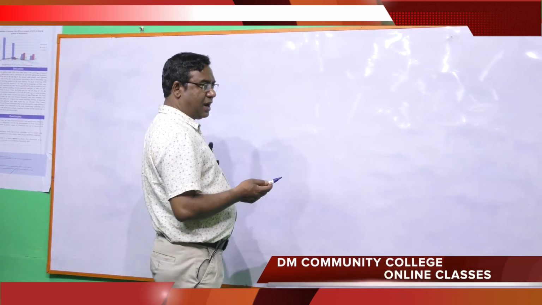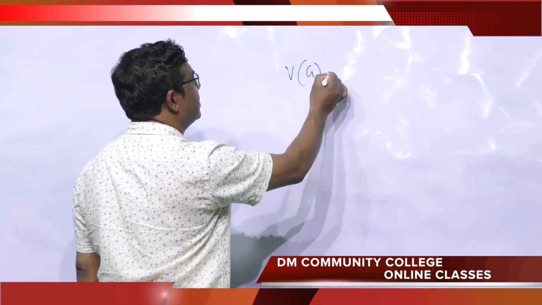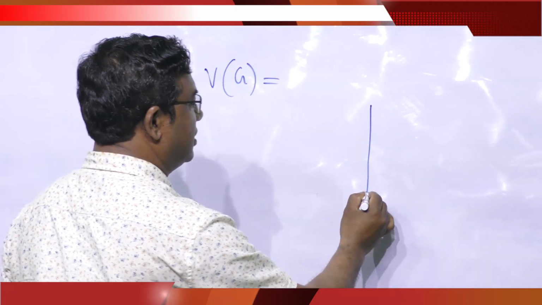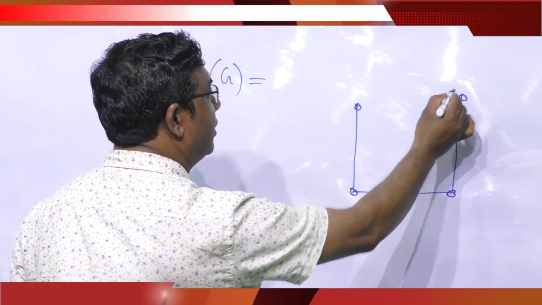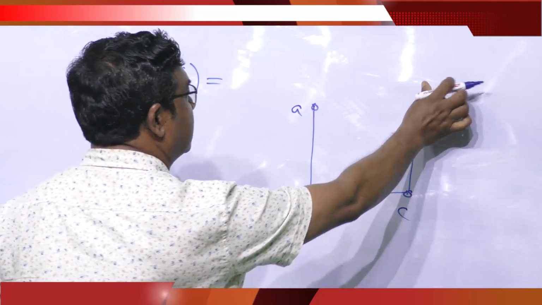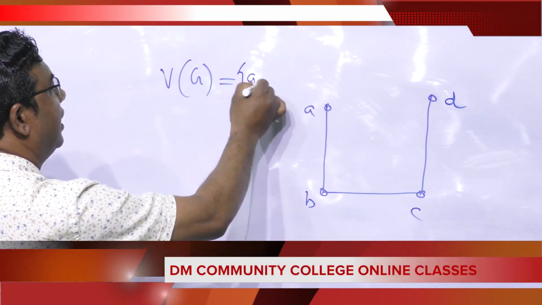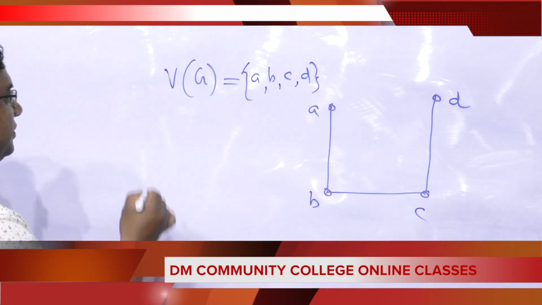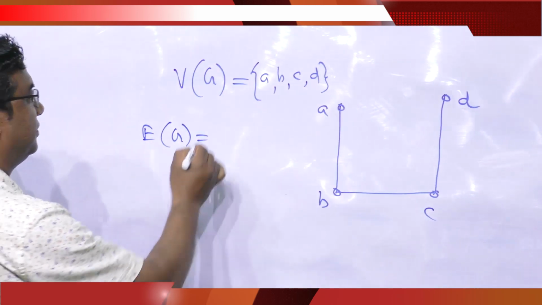So, a graph consists of a pair of sets. Say VG. VG represents the set of vertices. Suppose this is a graph, say A, B, C, D. These are the vertices. So VG represents A, B, C, D. Then EG represents the set of the edges.